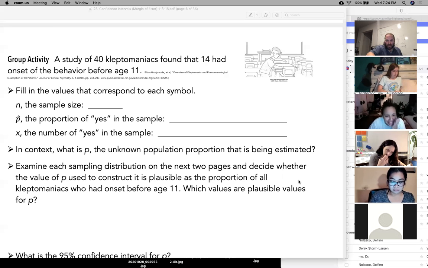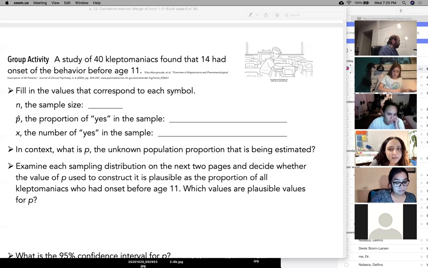P is a constant. Someone tell me what P is conceptually referring to here, not mathematically, since we had no number for it.